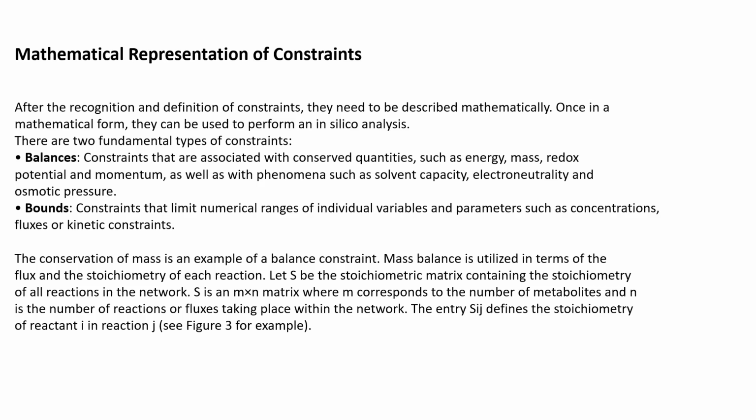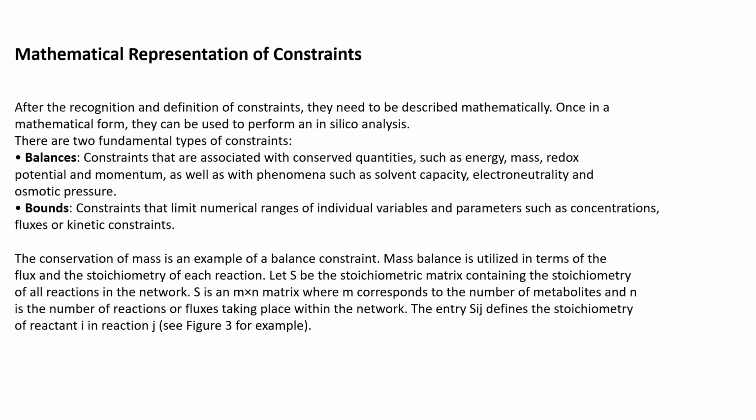Balances: these are constraints that are associated with conserved quantities such as energy, mass, redox potential, momentum, etc. And there can be bounds as well. These are the constraints that limit numerical ranges of individual values and parameters, such as concentration and fluxes and kinetic constraints. So, majorly two types of fundamental constraints you can represent mathematically.